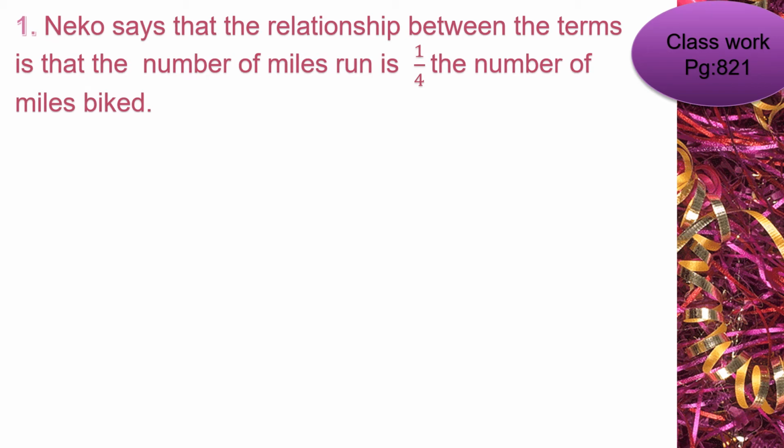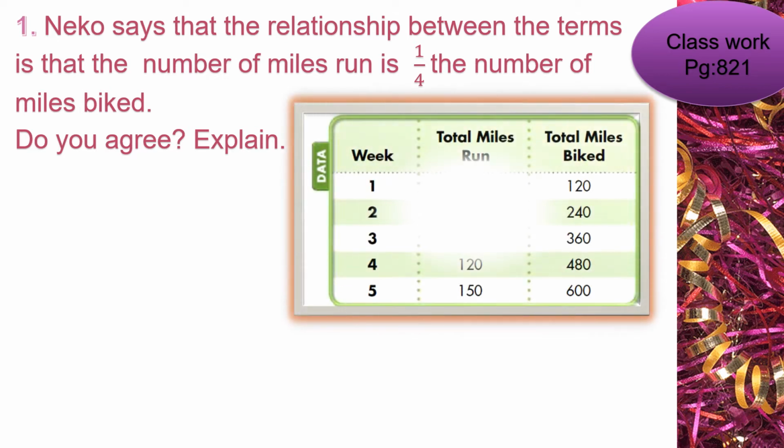Let's solve a problem from your classwork, page 821. Problem number 1. Nico says that the relationship between the terms is that the number of miles run is 1/4 the number of miles biked. Do you agree? Explain. So let's look at the table carefully. Here we observe that in a table you have total number of miles run and total number of miles biked.